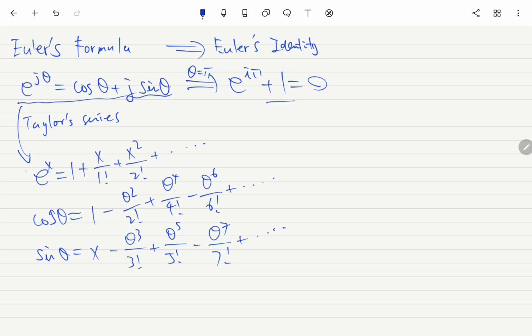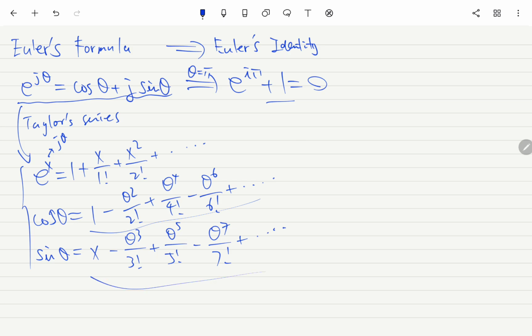Using this Taylor series expansion, if you plug in x to be j theta, you will come up with an infinite series. Then you collect the terms and separate them into cosine of theta and j times sine of theta.